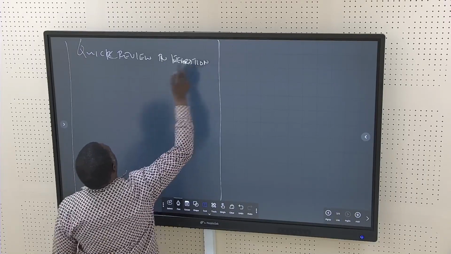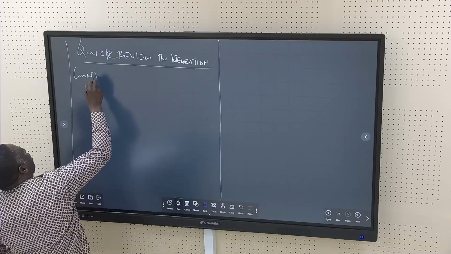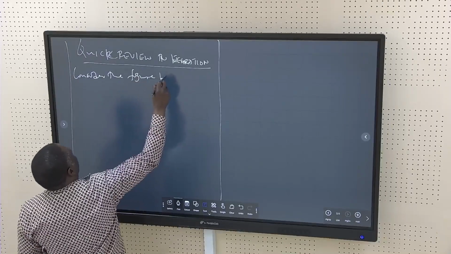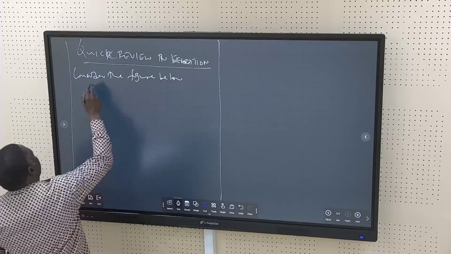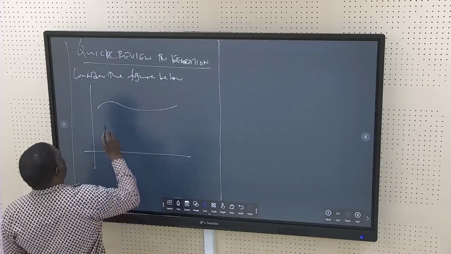Consider the figure below. Let us consider a figure like this one.